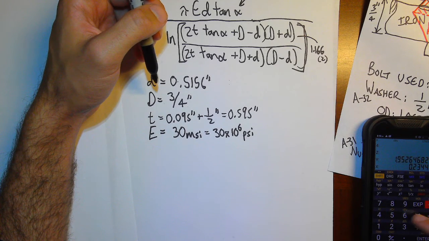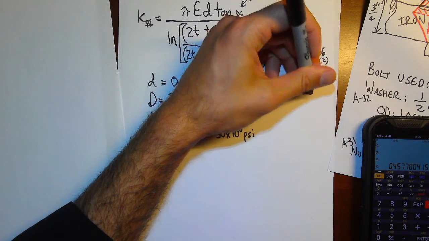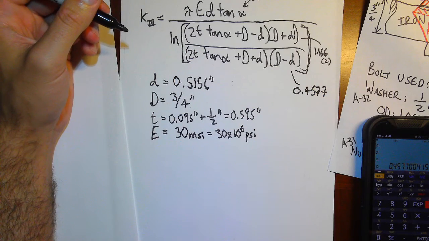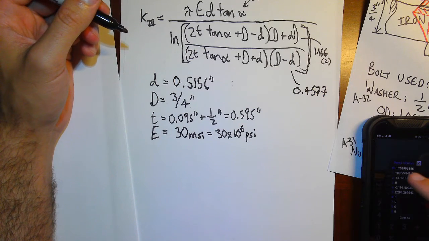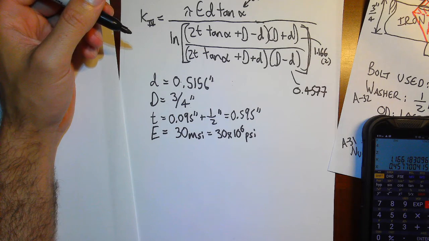Track those, multiply that. My denominator will be 0.457. Divide 1.166 by 0.457, natural log of that, get 0.935.